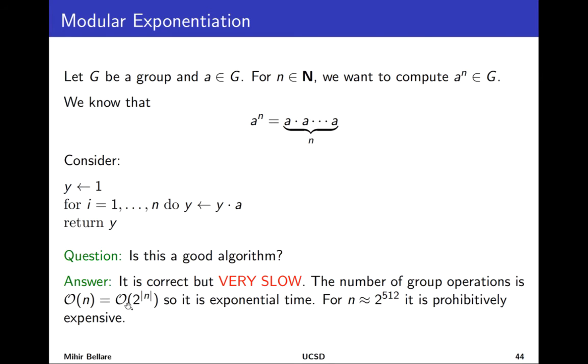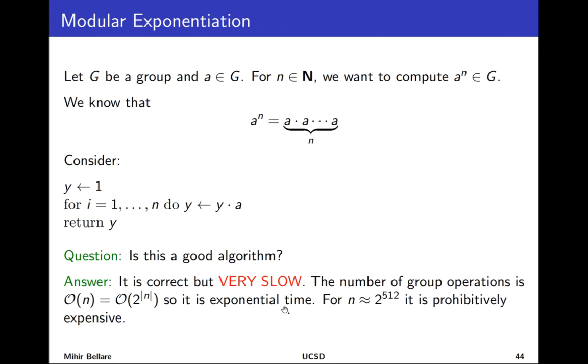So when we have an algorithm whose running time is order n, it's order 2 to the power the binary length of n. So in terms of the binary length of n, it's actually exponential. And that's the problem here.